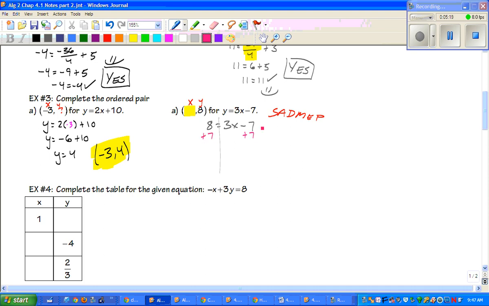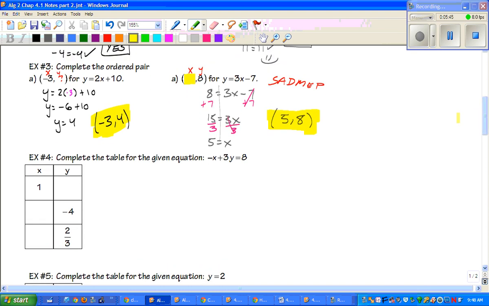We're going to add 7 to both sides. We get 15 equals 3x. Divide both sides by 3. And we get 5 equals x. So our answer, the ordered pair, is 5, 8. Okay? All right.